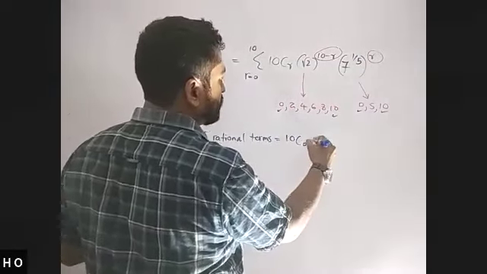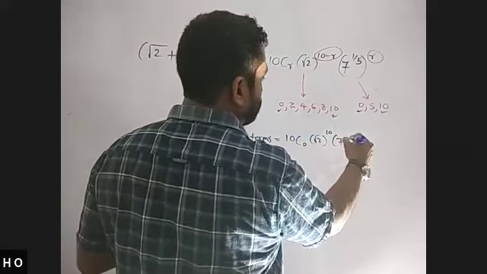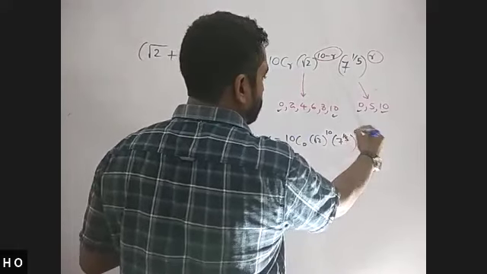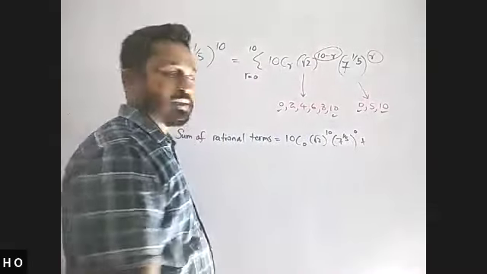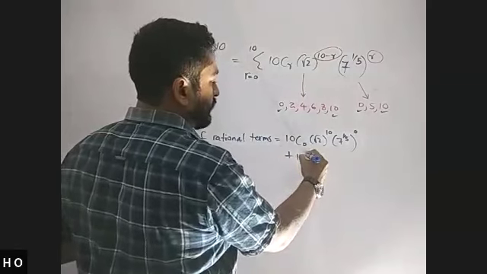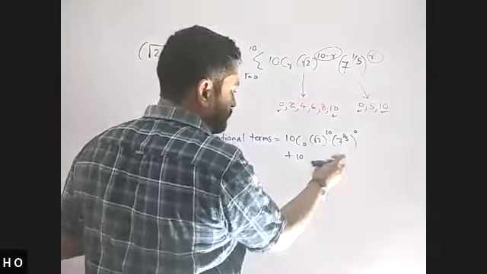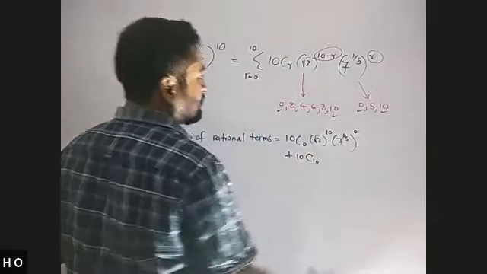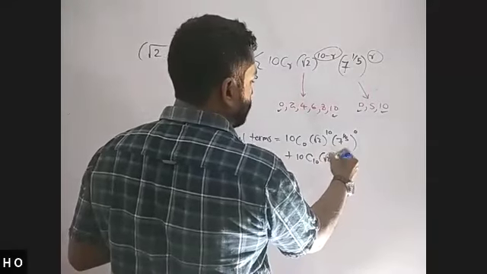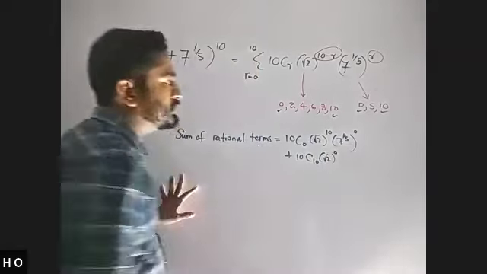So 10 C 0, 2 to the power 10, 7 to the power 1 by 5 to the power 0, plus, I'll write down here to be more clear, 10 C 10. When you substitute 10, 10 C 10, 2 to the power 10 minus 10 is 0, so right away write down 0.